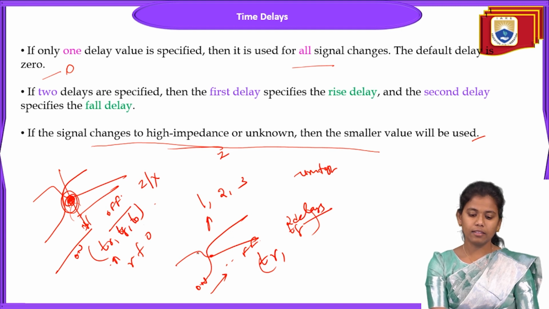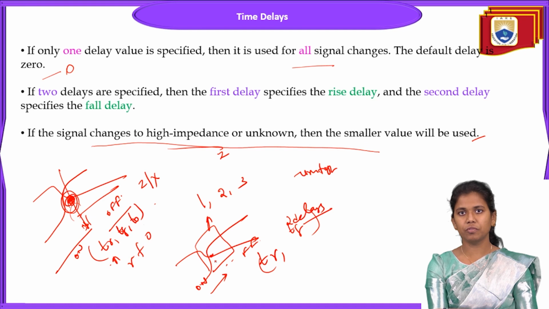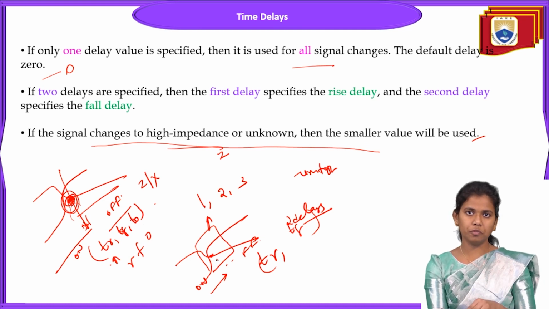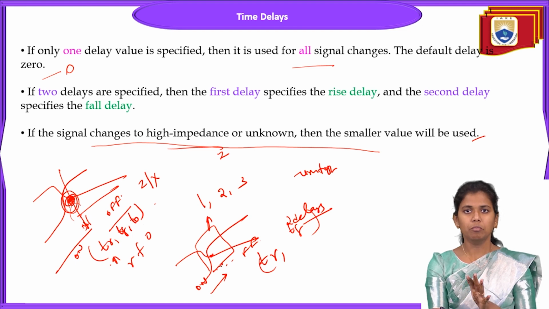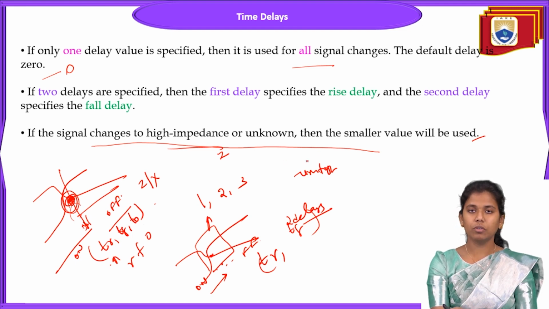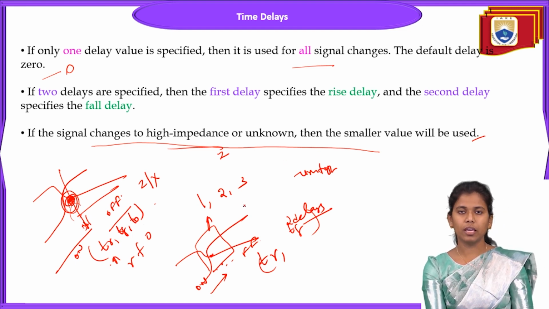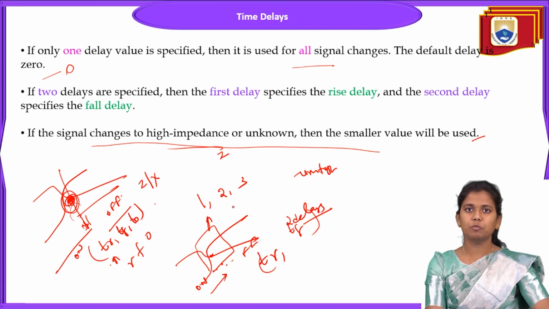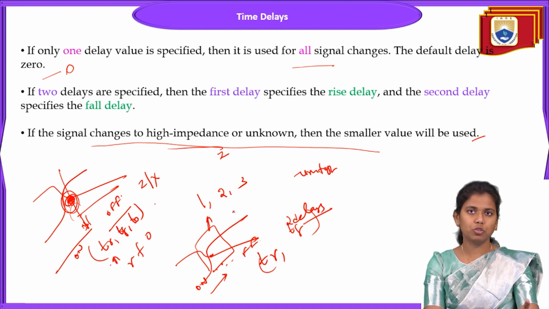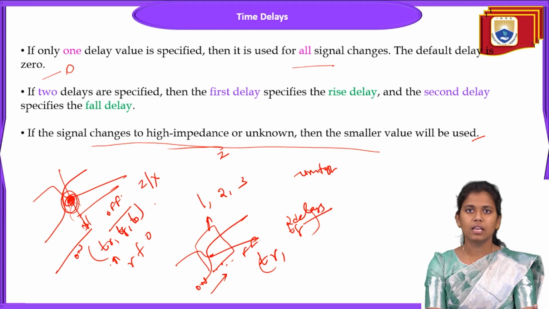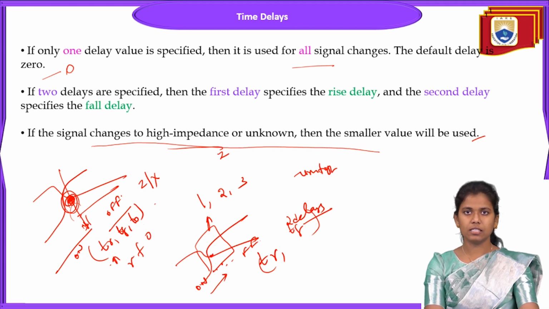Being a designer, if the switch is in the off state, he can take a smaller value which is nearest to the high impedance value. So this is all about specifying the delays with respect to one delay, two delays and three delays.